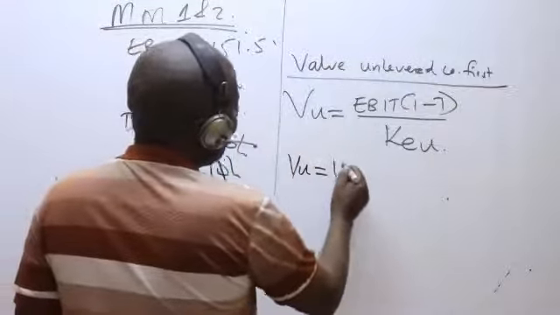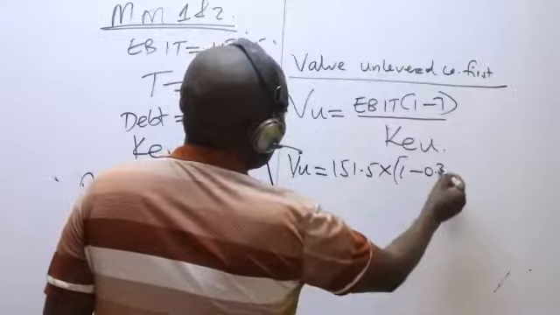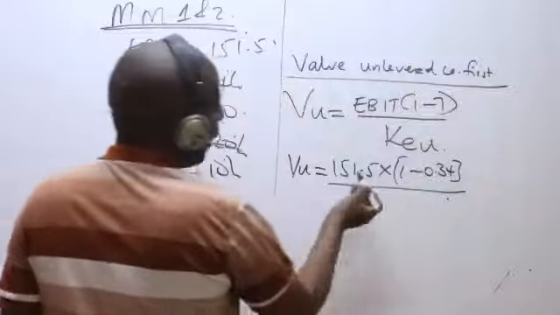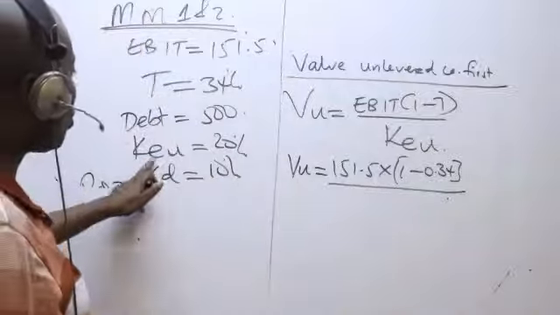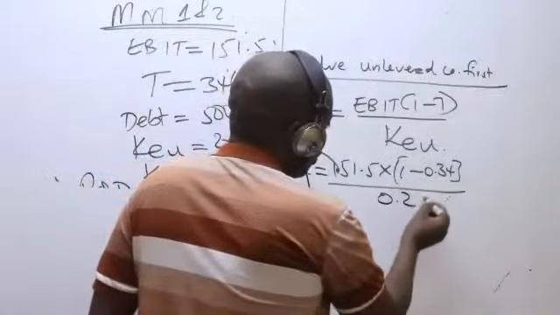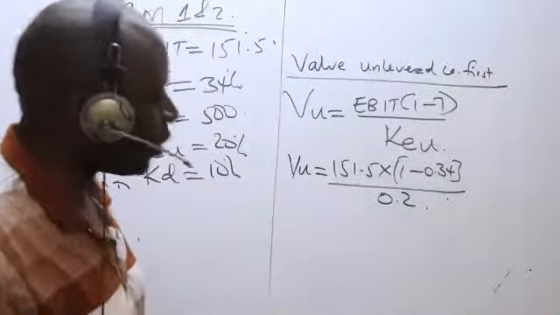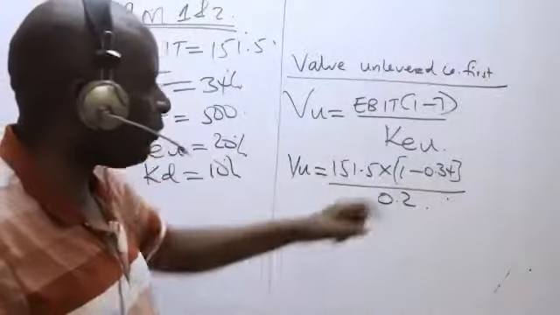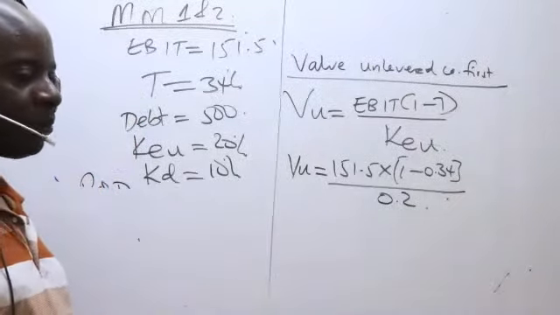EBIT is 151.5 times 1 minus tax of 0.34, all over Kq. So what is our Kq here? Cost of equity of an unlevered firm is 0.2. So are you able now to give me the value of this unlevered firm?